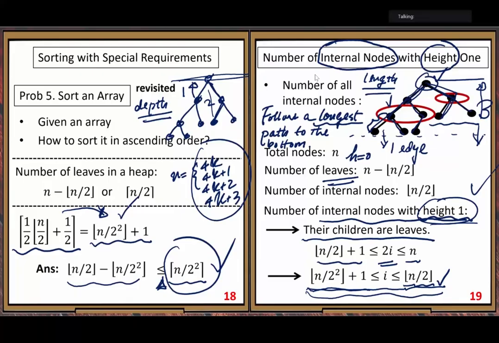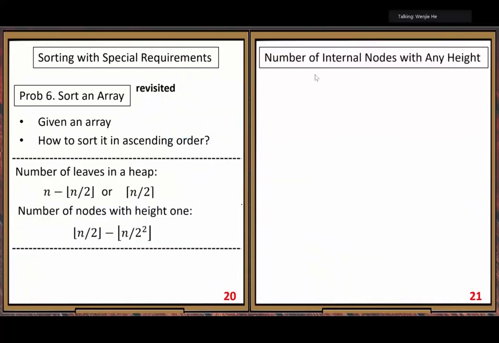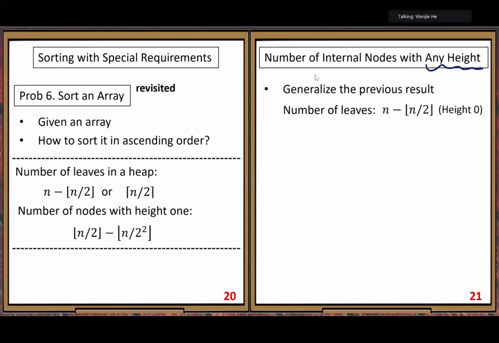But the next one, we want to get the general result with any height. So we need to generalize the result. The number of leaves formula corresponds to height 0.